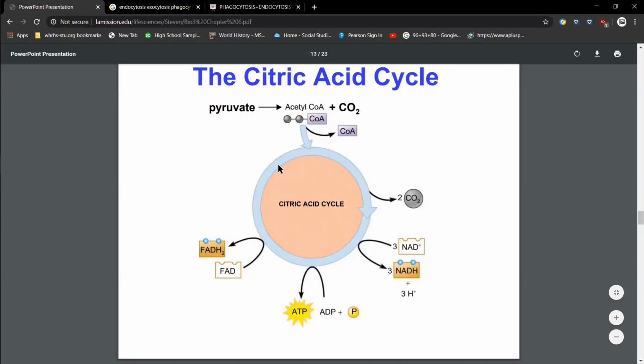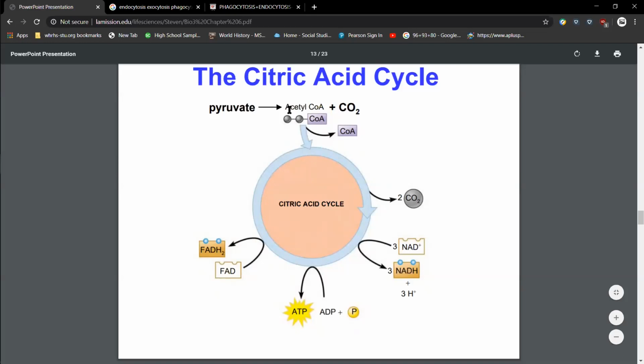You don't have to know this in this much detail, but it just makes more sense this way. So pyruvate is converted into acetyl-CoA. CoA is kind of like an energy molecule, because once it breaks off of the acetyl group, it gives a little bit of energy to do the entire cycle. So it starts with this 2-carbon molecule.